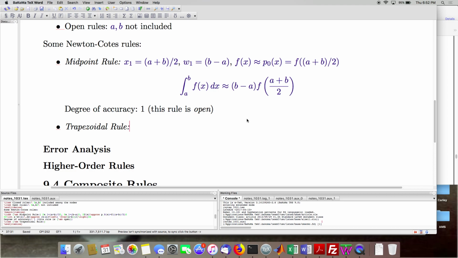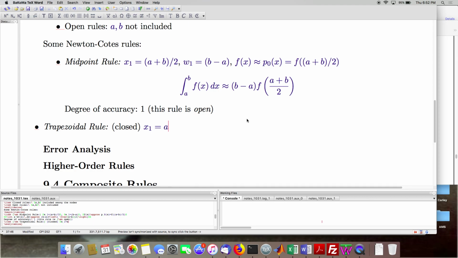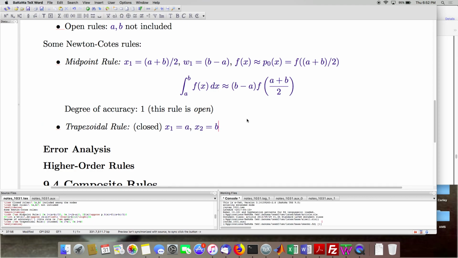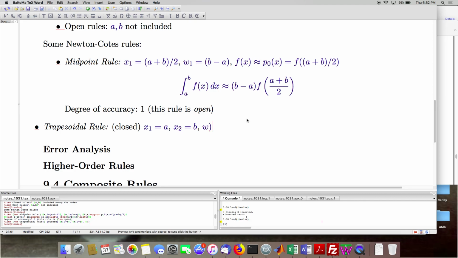This is a closed rule, so x1 is equal to A, and x2 is equal to B. The only nodes are the endpoints. And then the weights are equal. They're both equal to B minus A over 2. So again, the weights sum to B minus A.